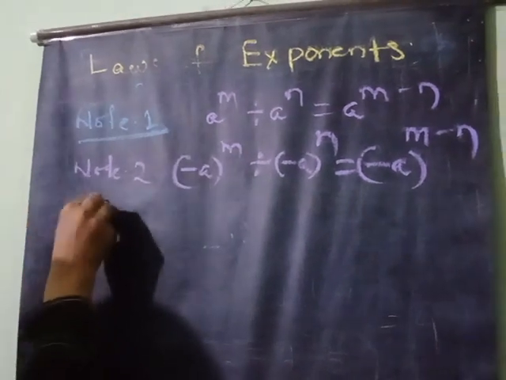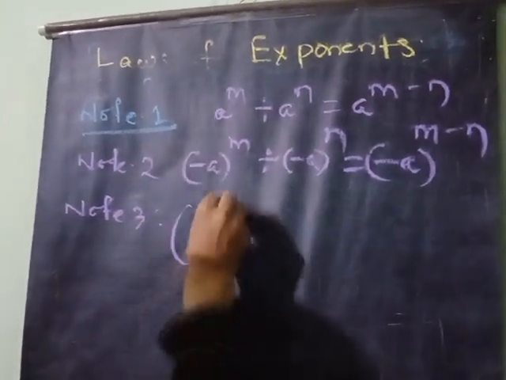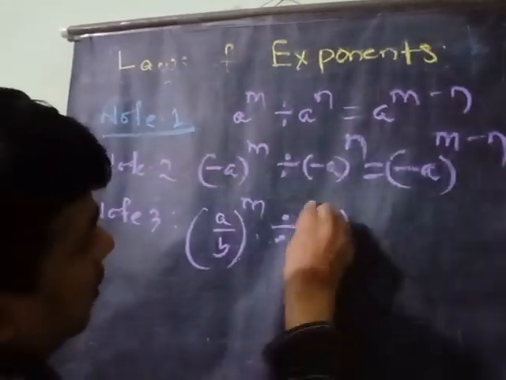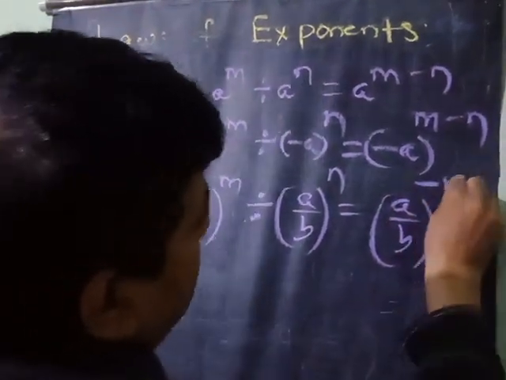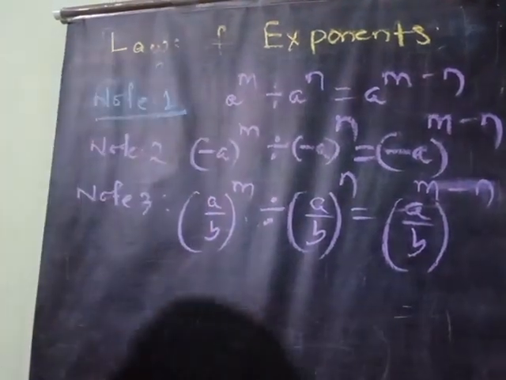Note 2: the base is negative also, minus a to the power m divided by minus a to the power n is equal to minus a to the power m minus n. Note 3: a upon b whole to the power m divided by a upon b whole to the power n is equal to a upon b whole to the power m minus n.